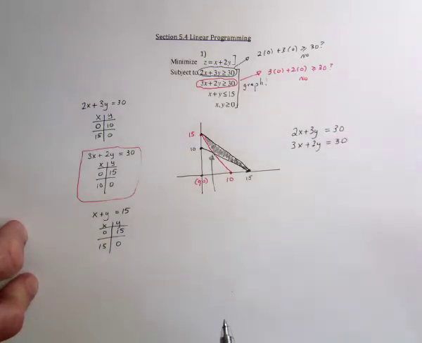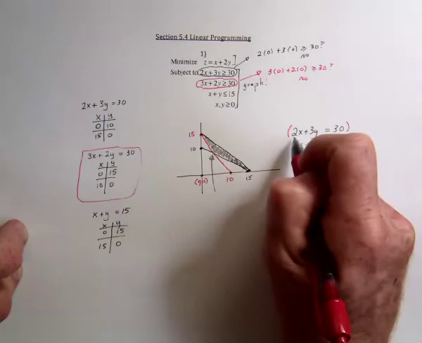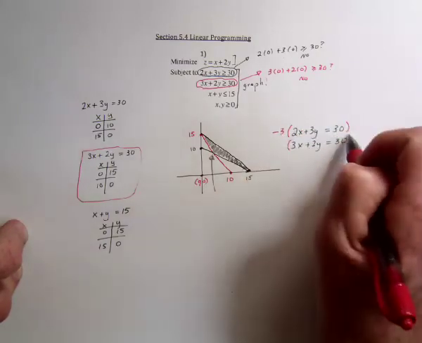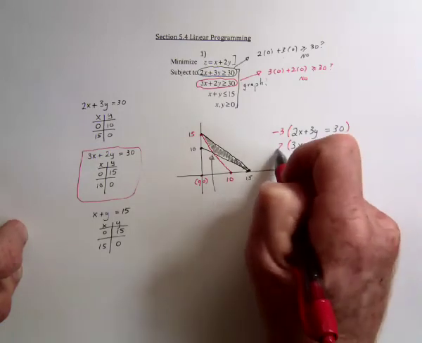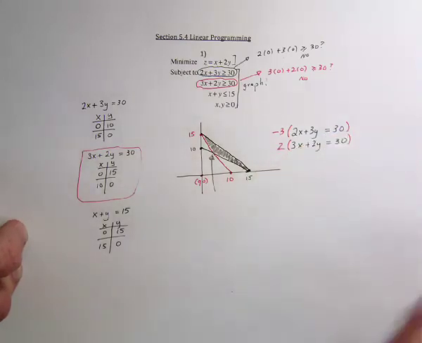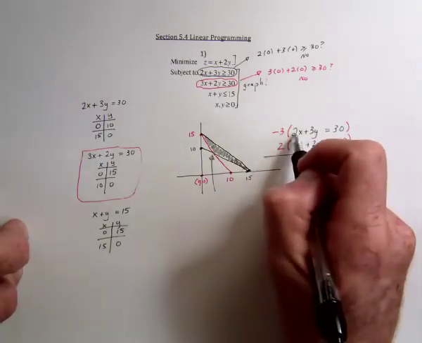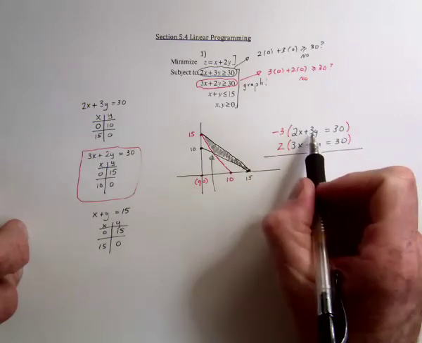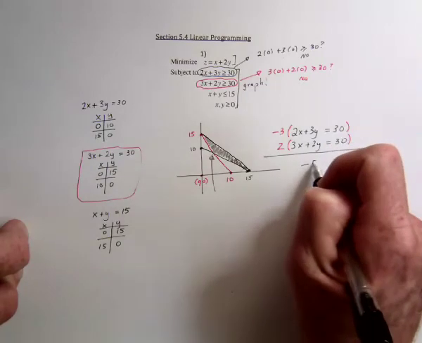Where do they intersect? And for this, I believe I'll use elimination of the x's. So this needs to become a negative 6x, so multiply by negative 3. And this one needs to become a positive 6x, so multiply by a positive 2. So this is negative 6x, positive 6x, they cancel. Then distribute this as negative 9y, and positive 4y is negative 5y.